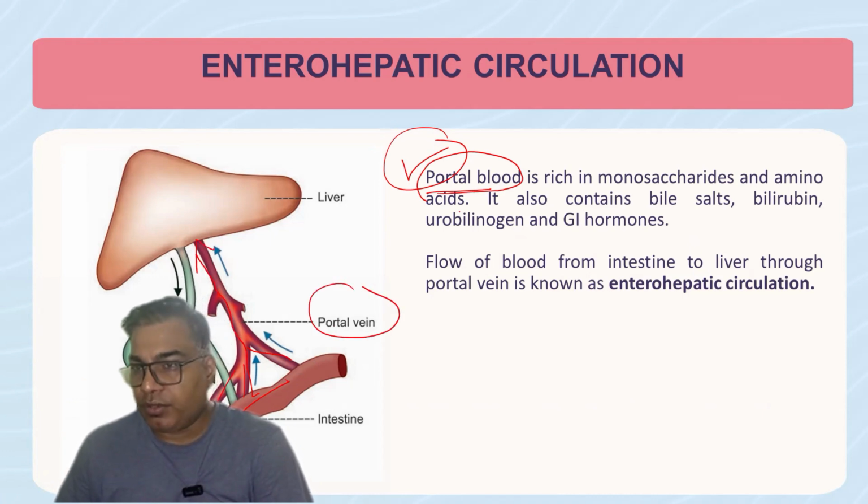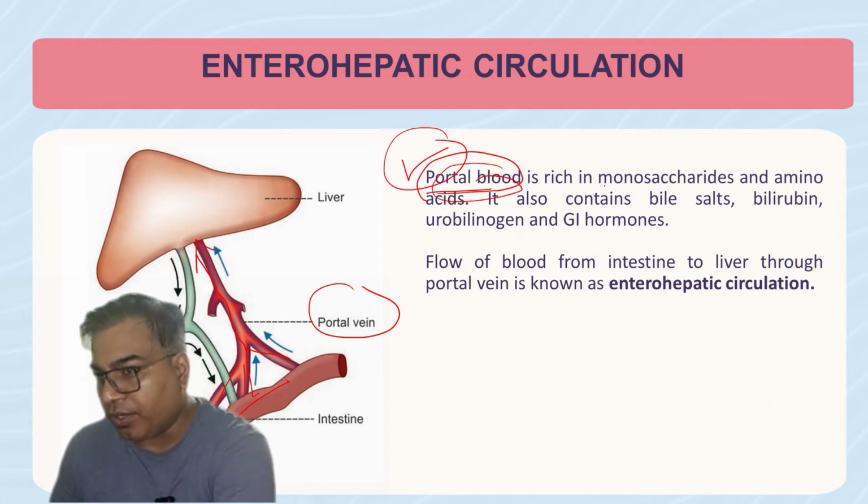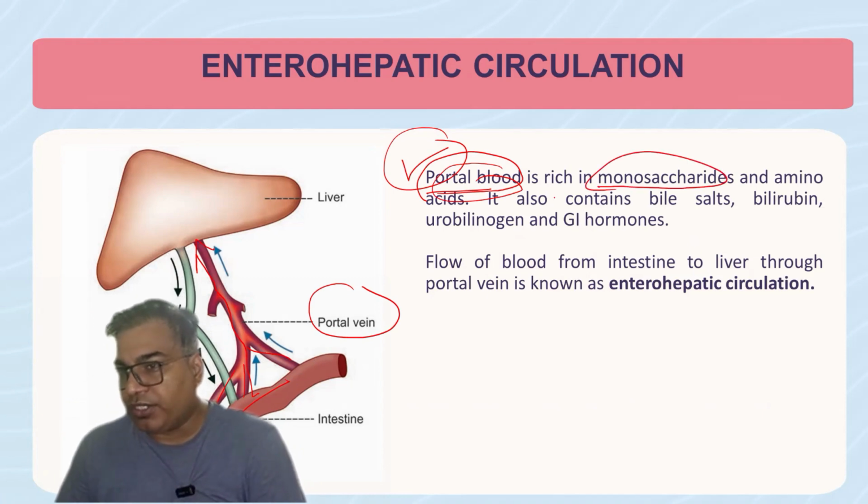So the blood which is present in the portal vein is rich in monosaccharides, amino acids. It also contains bile salts, bilirubin, various GI hormones.